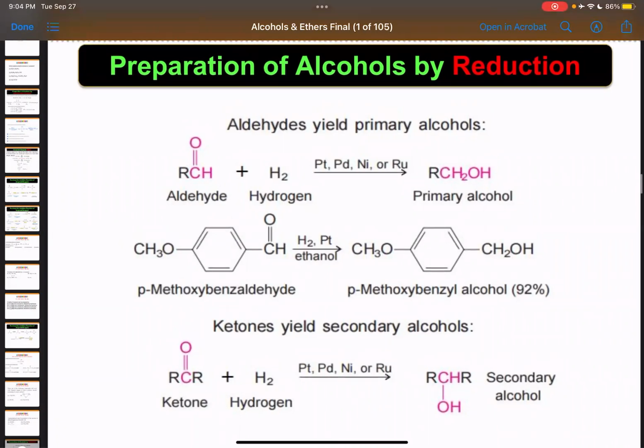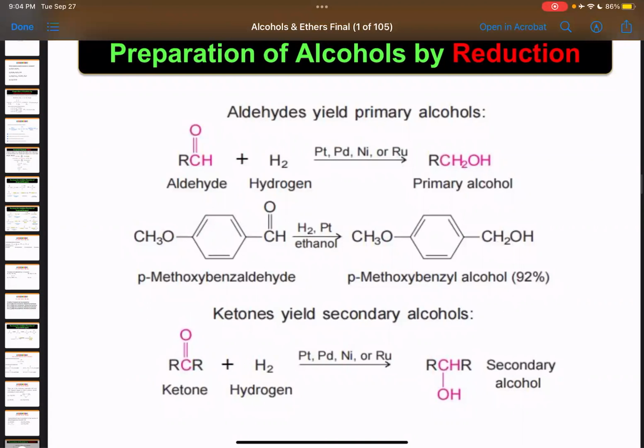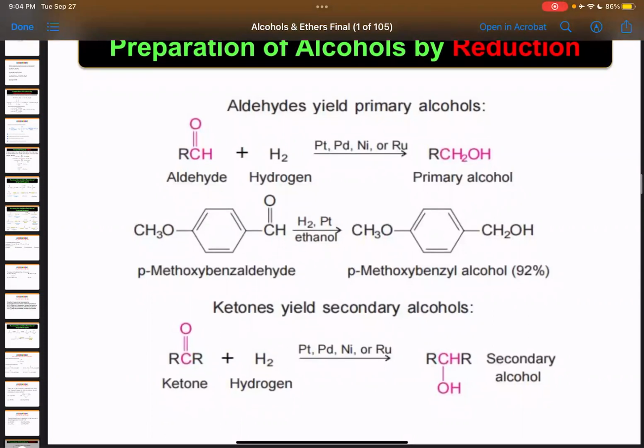You can tell me what you know. Yeah, Nabil, you can try a bit. So you can use catalytic hydrogenation reaction.